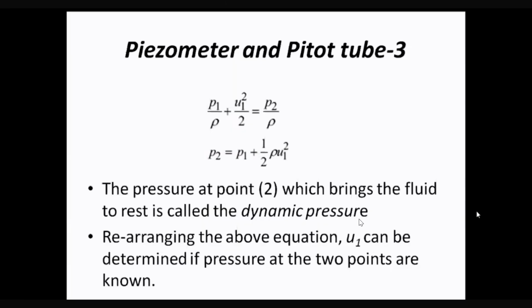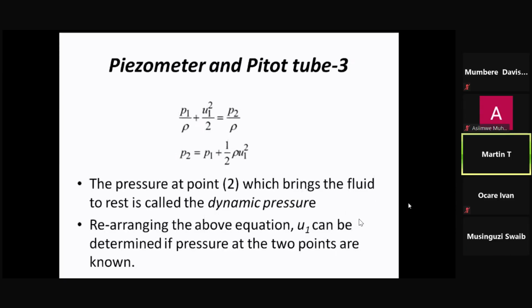What do you get? If you make U1 the subject of the formula: the square root of 2 into P2 minus P1 over rho. Yes, the square root of 2 into (P2 minus P1) over rho.